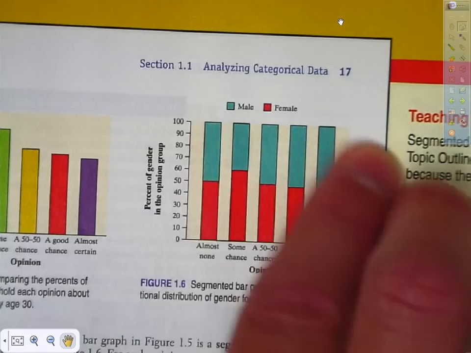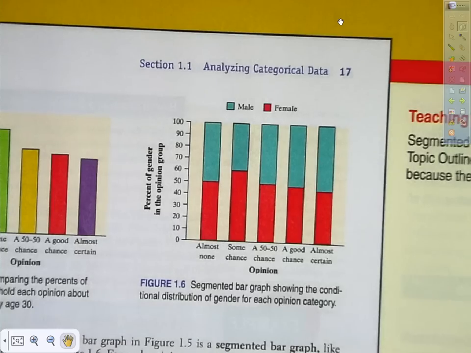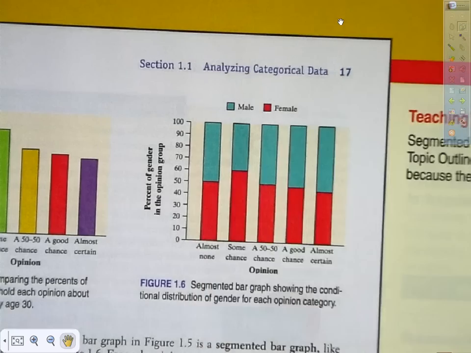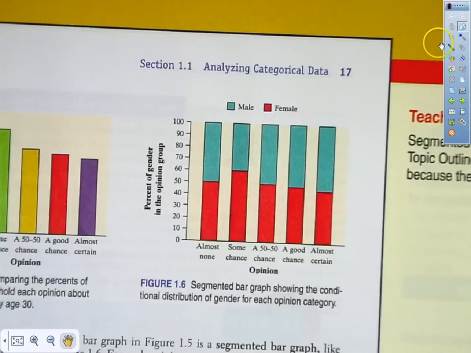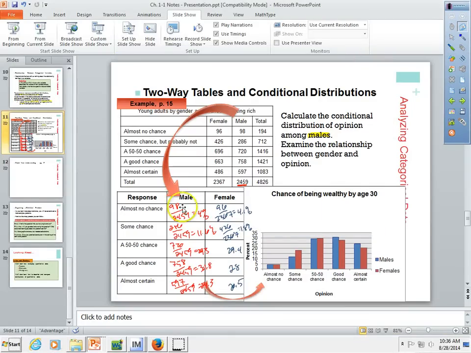And then to compare the males, it's almost a complement kind of a deal where if the bars are higher here, then obviously they're going to be shorter here because we can only have 100% total out of each bar. Okay, that's the segmented bar graph. Sometimes these things are kind of tough, but I want to show them to you, and they pop up in the book every so often.